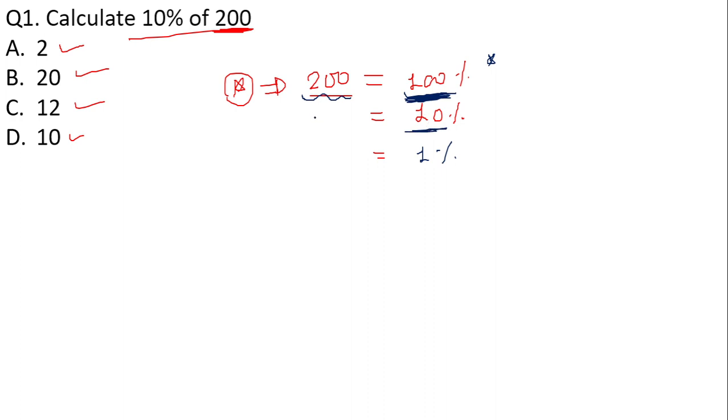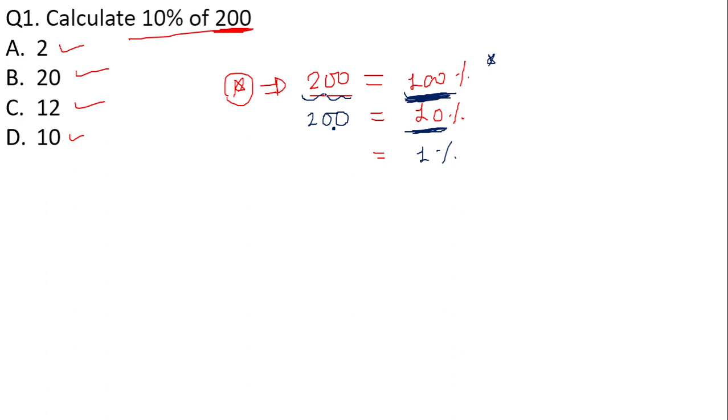Then what we have to do is take the value as it is, and if they are asking us to calculate the 10%, then add a decimal point after one digit. Calculating 10% of 200, what I am doing here is writing the value as it is and adding a decimal point after one digit.